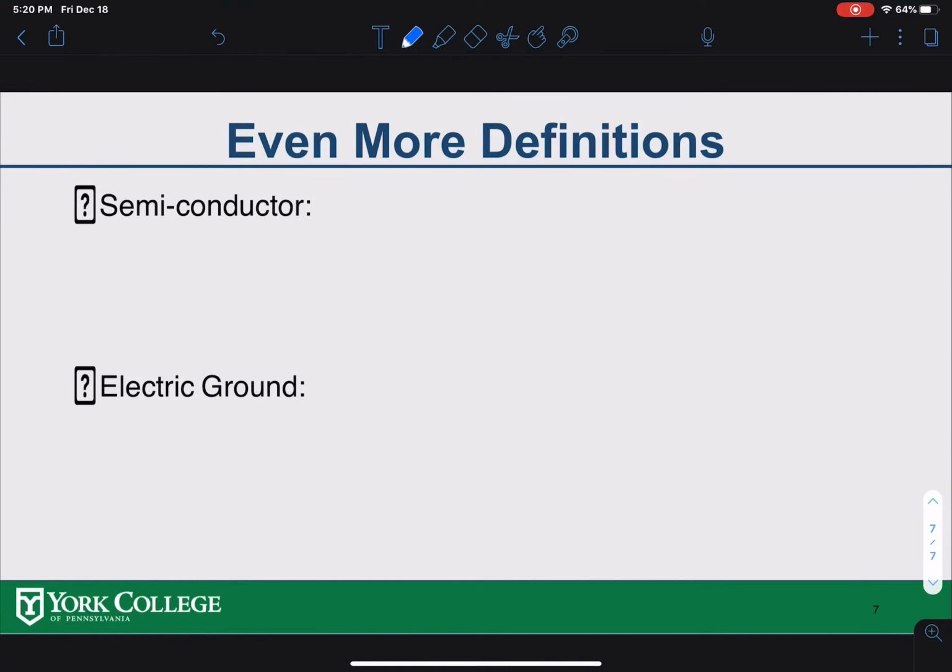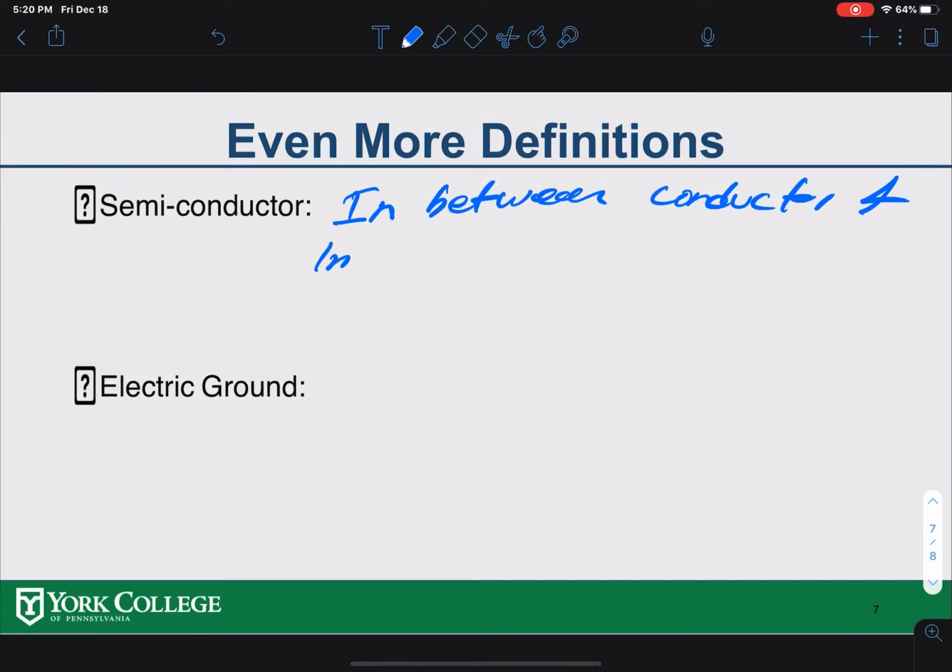Then your semiconductor. A semiconductor is between the conductor and the insulator. That means the semiconductor is not a conductor and not an insulator, it is in between them. Unlike resistors, which have a fixed resistance, a semiconductor doesn't have a fixed resistance.